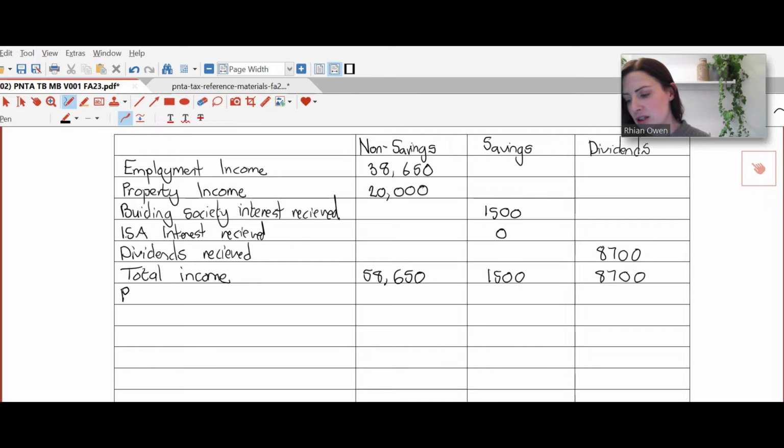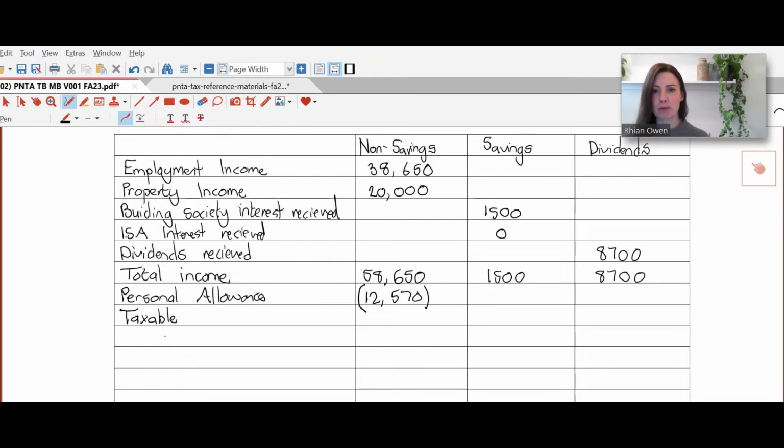Then we need to deduct the personal allowance. And just remember to watch that if income exceeds £100,000, then the personal allowance would need to be restricted. But in this case, we don't need to worry about that. So it's going to be the full £12,570.